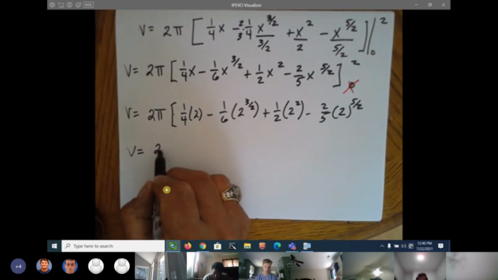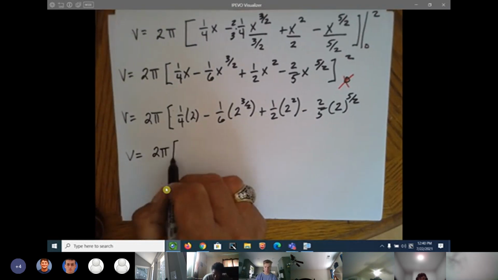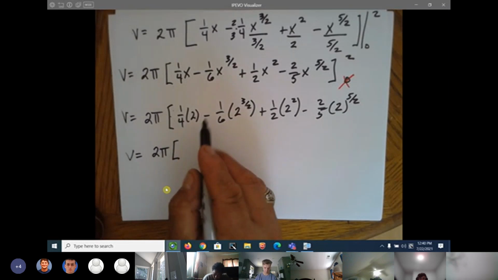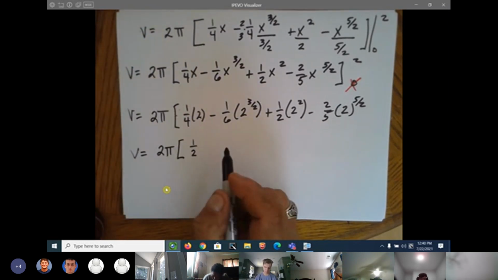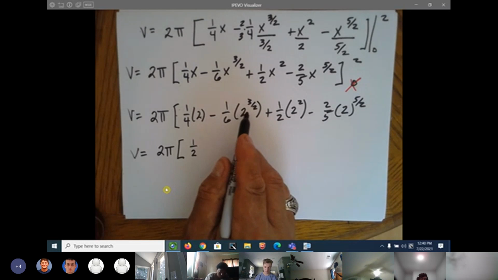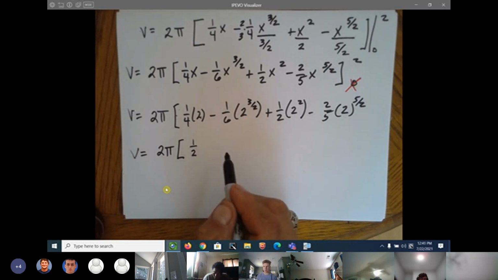V is equal to 2 pi. 2/4 is 1/2. And the square root of 2 raised to the 3rd power.